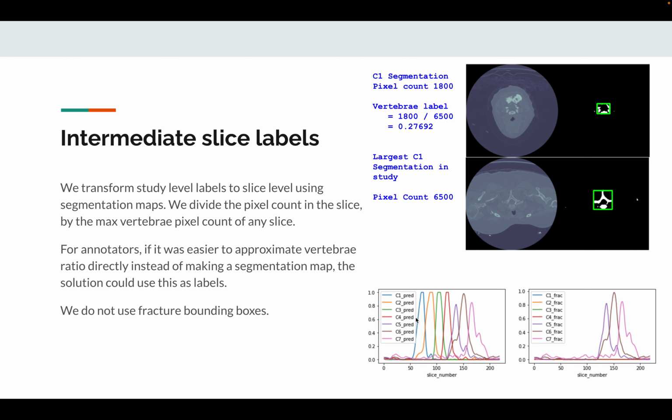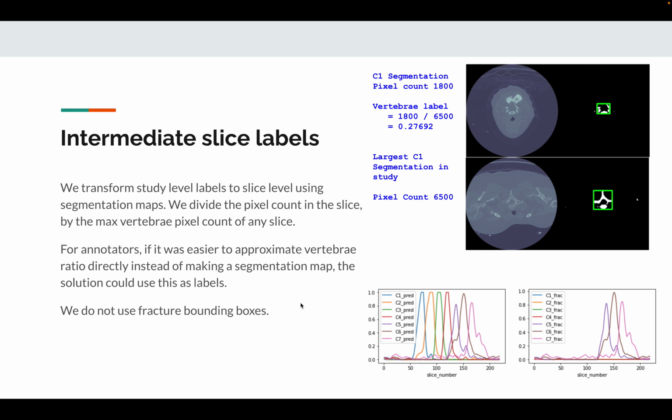So in this case only C5, C6 and C7 have fractures, so for the rest of them we say we have 0 fractures, but for example slice 150 would have 0.2 of C5, so we'd put the fracture label at 0.2, and this slice, maybe 140 or something, would have 0.8, if that makes sense. So we just multiply through the study level fractures by the slice level ratios.